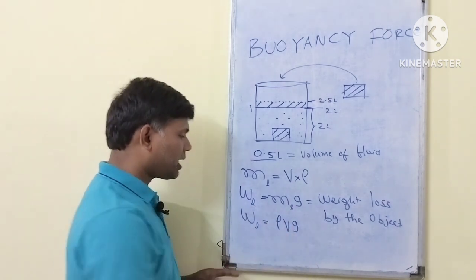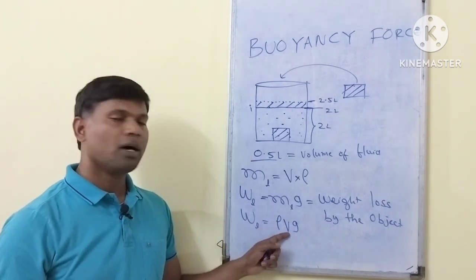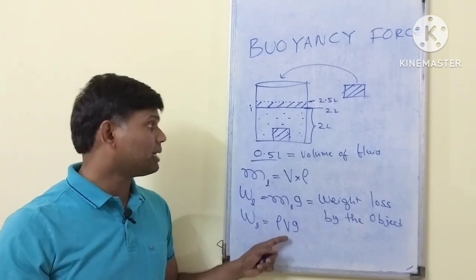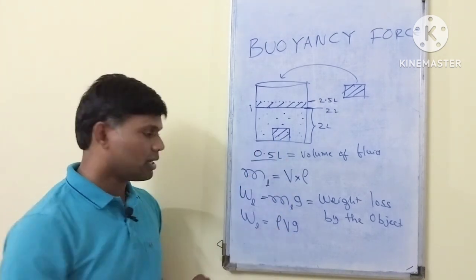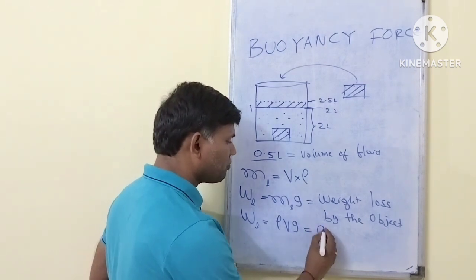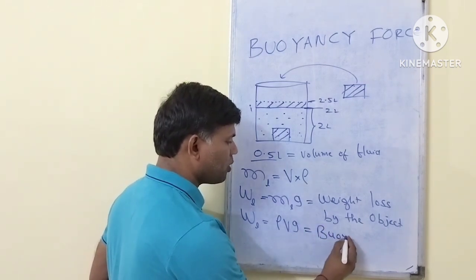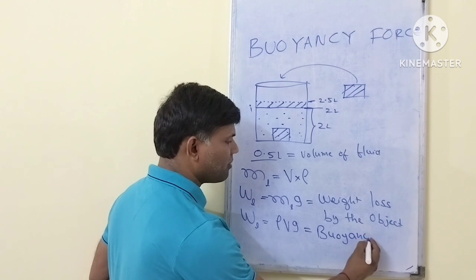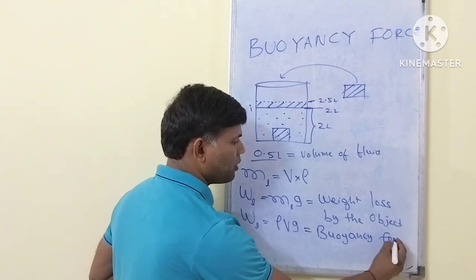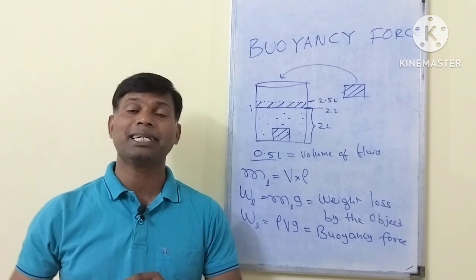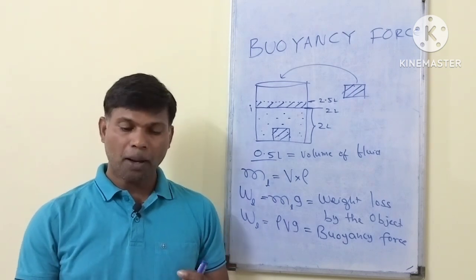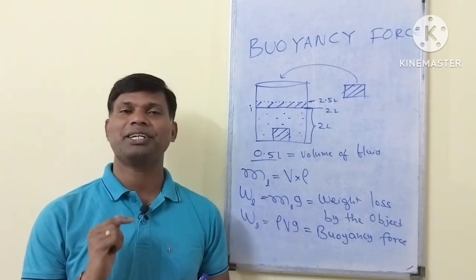Here rho is the density of the fluid, V is the volume displaced by the object, into g. This is called the buoyancy force. This buoyancy force direction is opposite to the gravitational force.